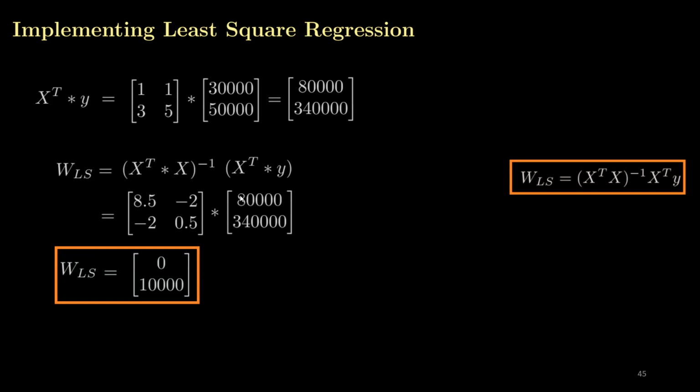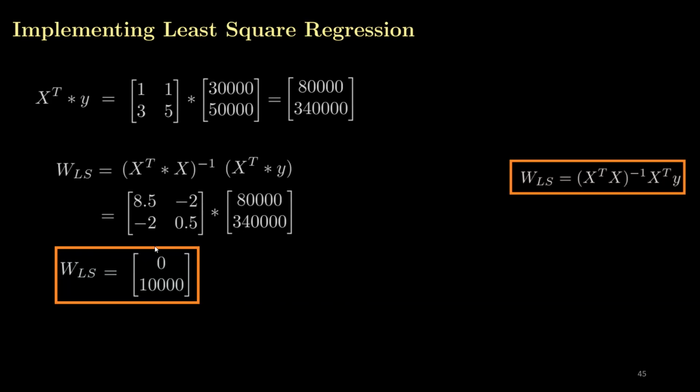So this will multiply with this term, and then this will multiply with this, and finally we will add them. Similarly, this minus 2 will multiply with 80,000 and 0.5 will multiply with 340,000, and we will get this value. So this is our least square solution of the dataset which we have selected for this particular problem.